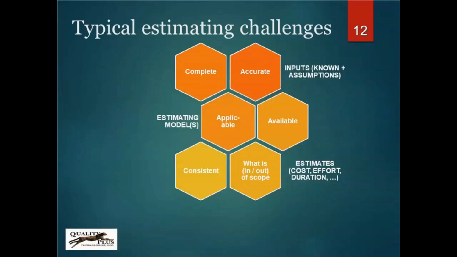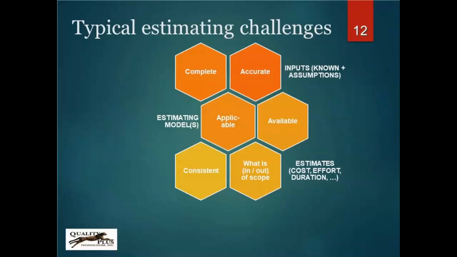Our typical estimating challenges. Take a look at the inputs that go into our estimating: our known information, our assumptions, our requirements, our scope. Is it complete? Is it accurate? Is it even relevant? When we take a look at estimating models, are the estimating models we're using applicable? Do we have available data?